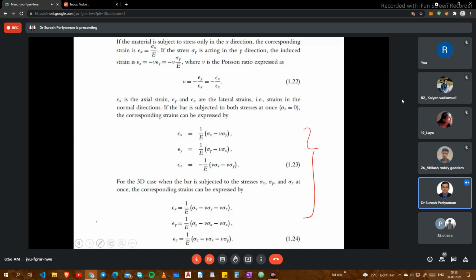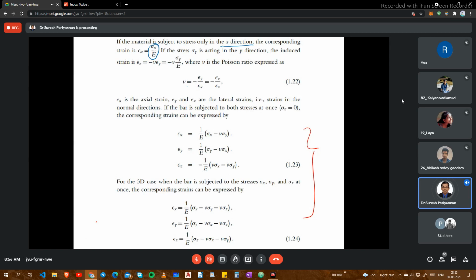Now, see here, if the material is subjected to stress in only one direction, what kind of stress is this? Uniaxial stress. Based on that, the strain is sigma x by E. Suppose the stress is acting in the y direction, induced in the y direction. Suppose the stress is acting in the y direction also.